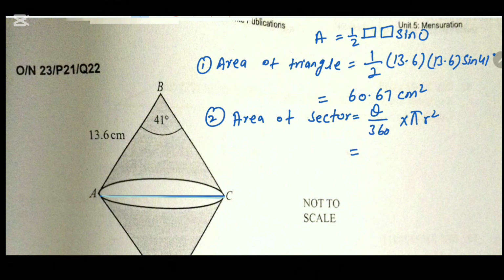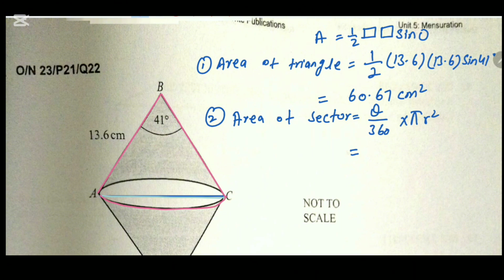So area of sector is theta over 360 into pi r square. What is theta here? Theta of this sector is 41, you can see.